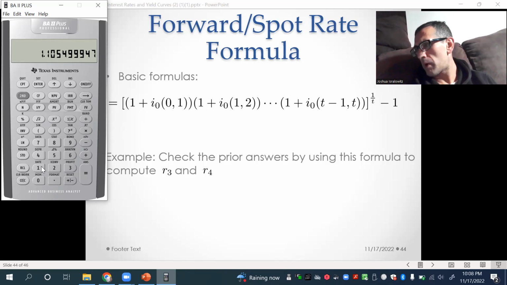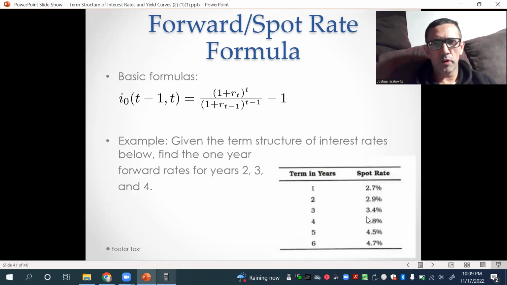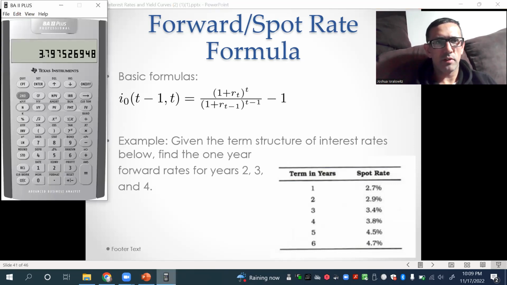Now finally multiply this by 1 plus the year 4 rate, 1.05. Raise this to the 1/4, minus 1, convert it to a decimal, and we get the 4-year spot rate is 3.8%. Exactly what I have here, just rounding.